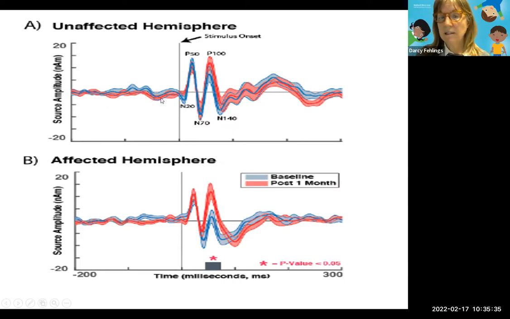One of the interesting things is that there was very little change after constraint. That's reassuring; we don't want to be negatively impacting the non-hemiplegic hand. But of particular interest is the change we saw in the somatosensory evoked potential in the affected hemisphere. We start to see a normalization of the somatosensory evoked potential following constraint, and statistically, we're able to best see it at the P100 wave mark.